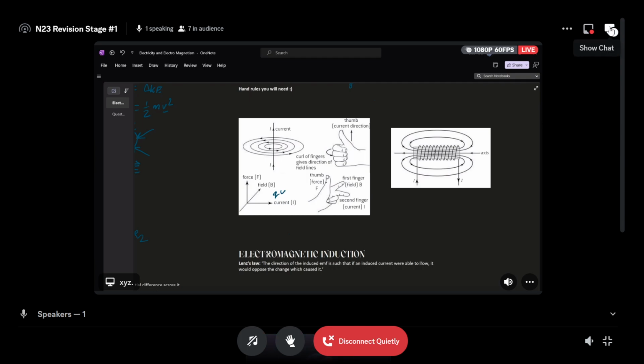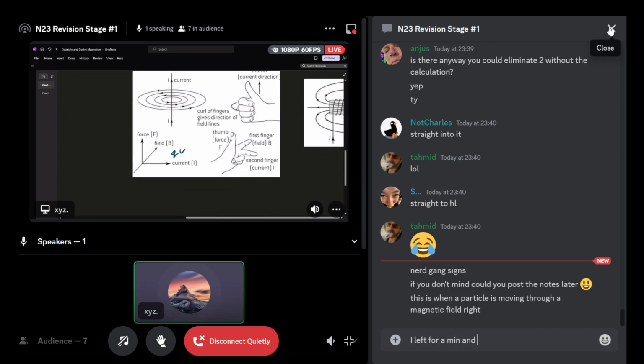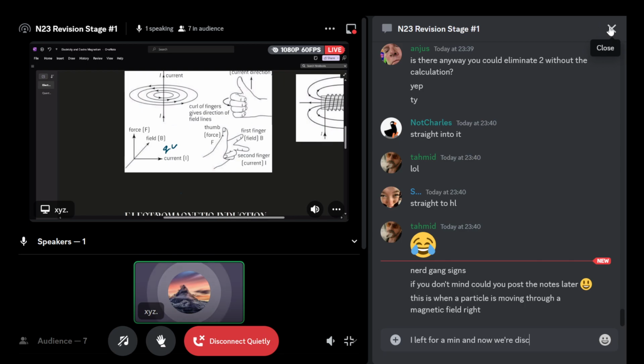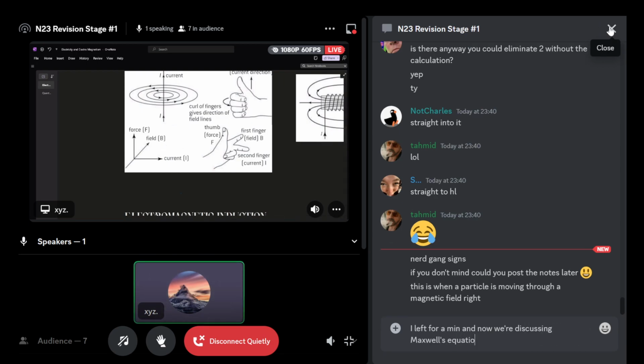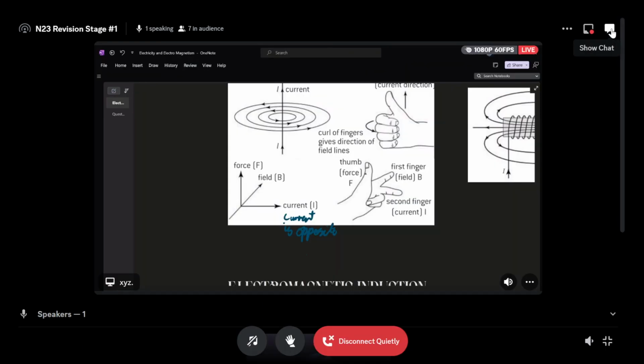So always remember that current is opposite to electron flow.